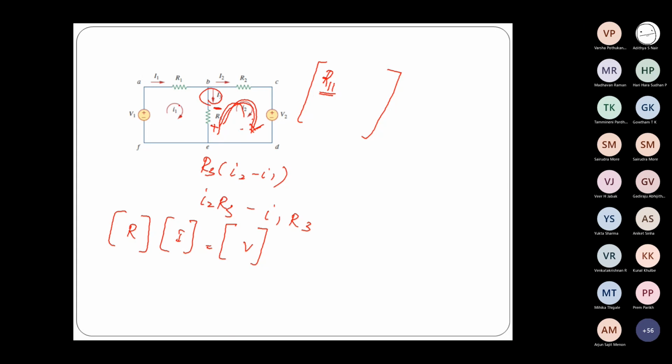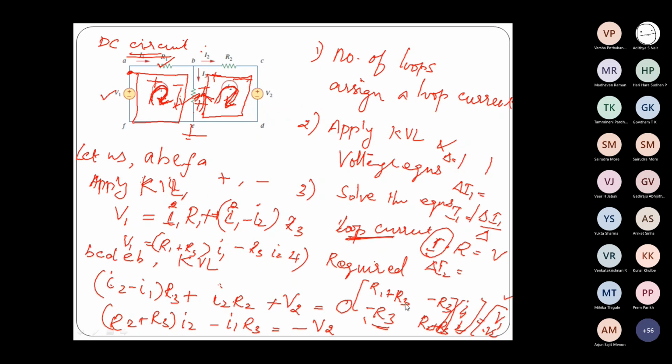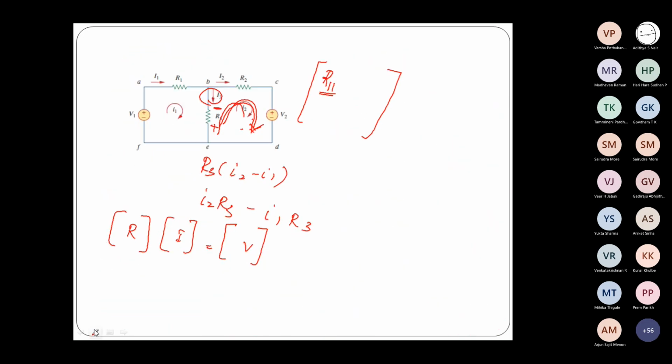So what are all the resistances present in the loop 1? Here it's coming as R1 plus R3. So R11 is nothing but the self resistances present in loop 1. We have 2 resistances in loop 1, so R11 is nothing but R1 plus R3.